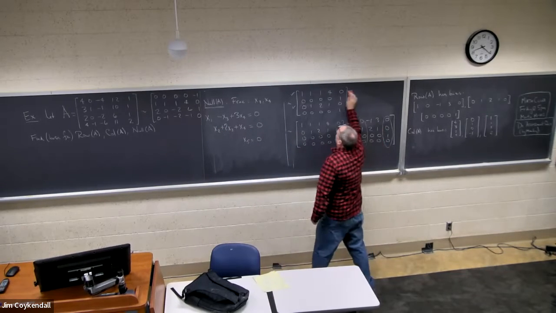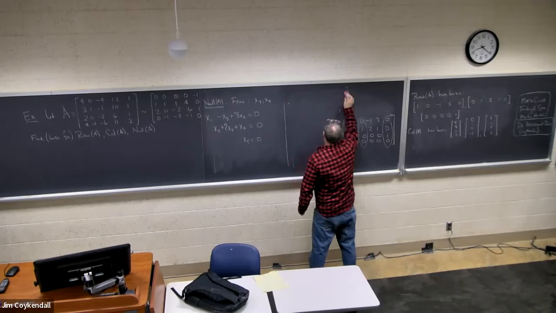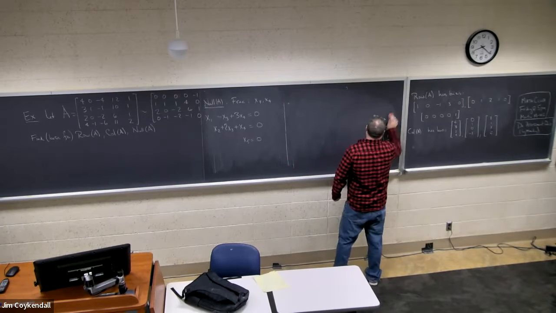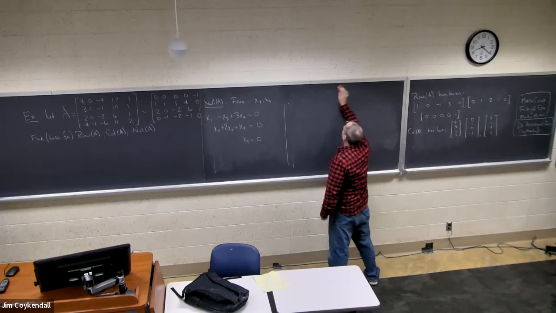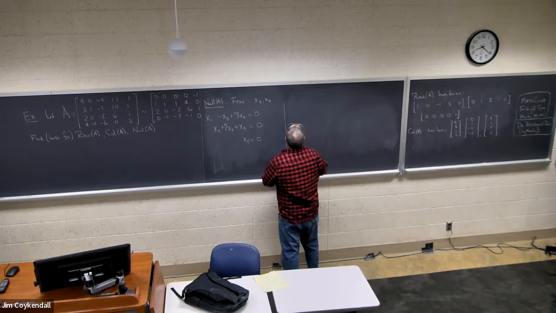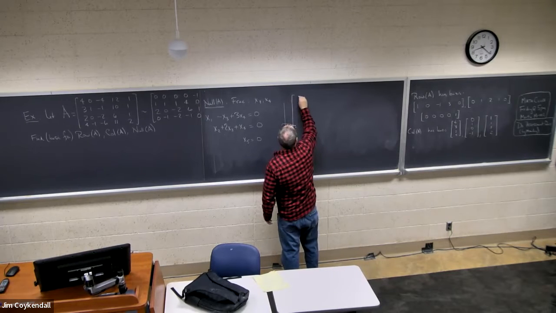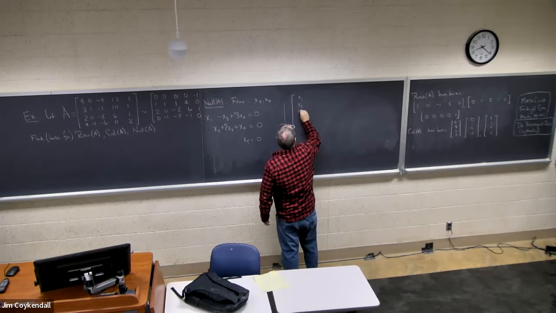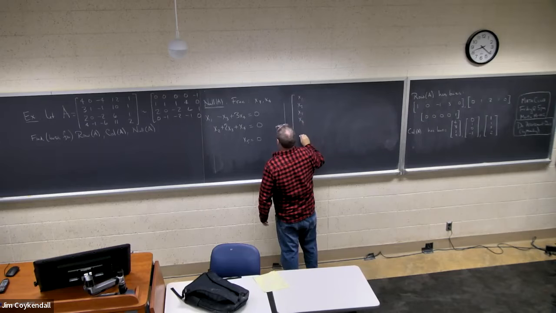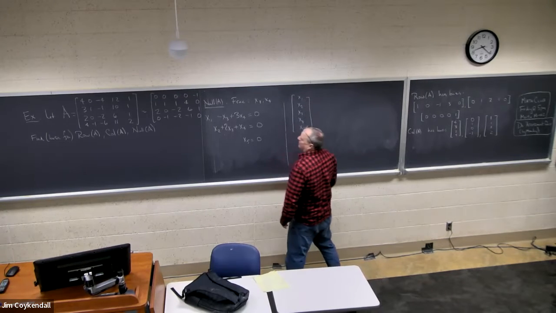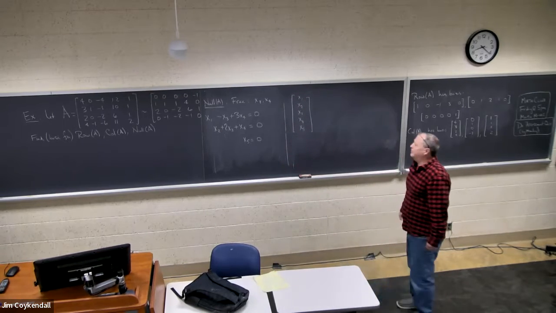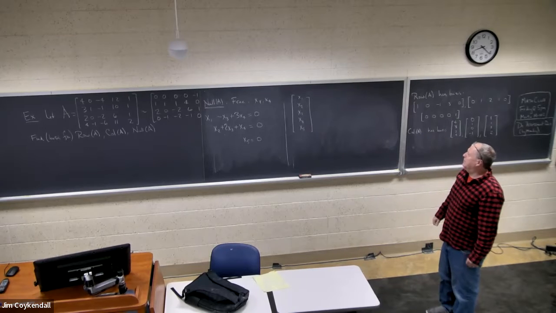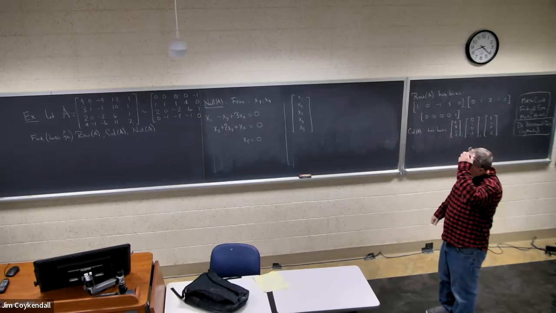So here's what a typical element of the null space looks like. The null space is a subspace of R5.